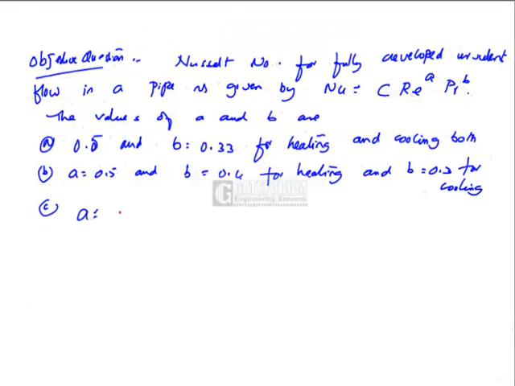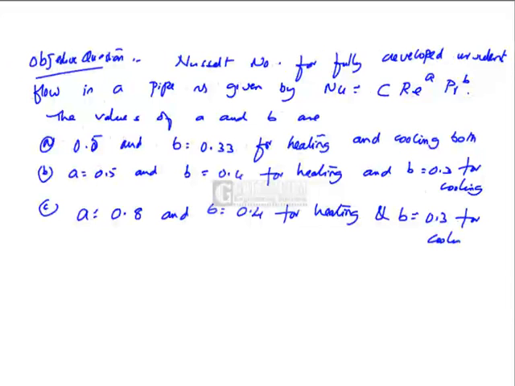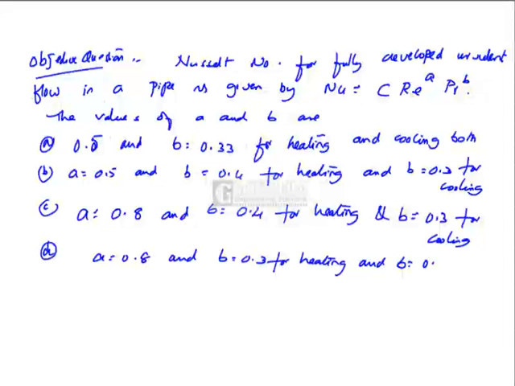C, A is equal to 0.8 and B is equal to 0.4 for heating and B is equal to 0.3 for cooling. D, A is equal to 0.8 and B is equal to 0.3 for heating and B is equal to 0.4 for cooling.